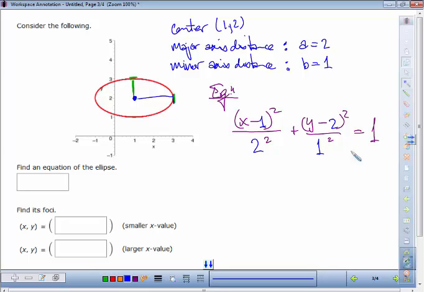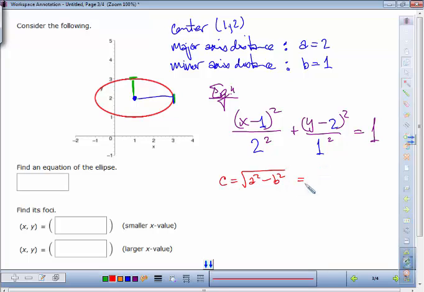Now the foci is an actual point. Actually, it's a couple of points that's based on finding a value c, which you can get from A and B. So to get the foci, we need c, a squared minus b squared. And if b was bigger, then you switch that around.